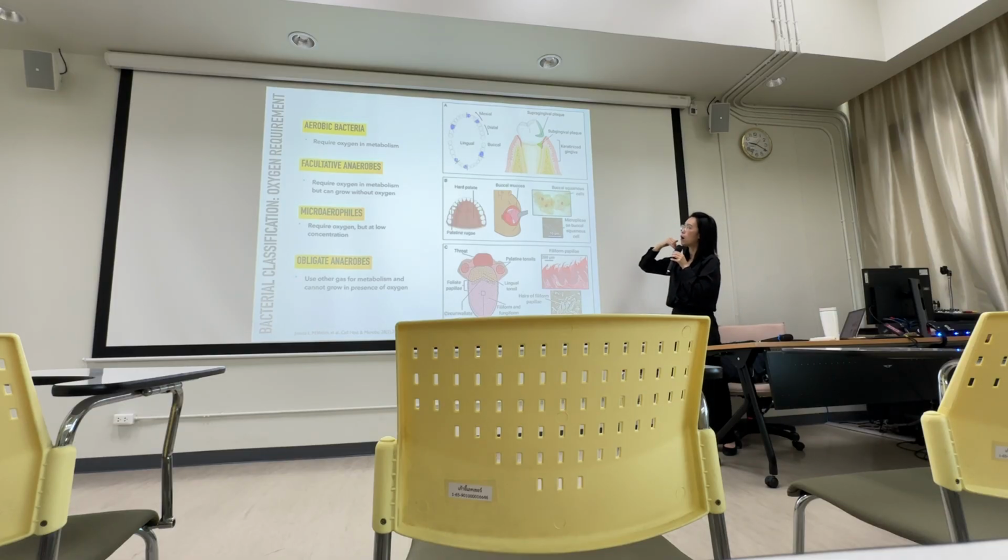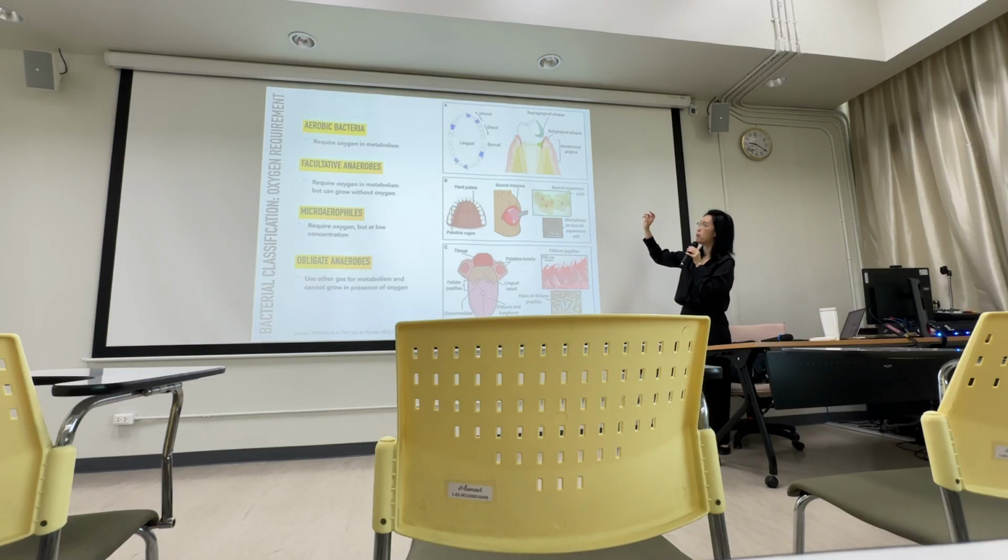But if you talk about the place under your gingiva, which we call subgingival plaque, that is a place that has less oxygen. Sometimes if you go quite deep into your gingiva, there is no oxygen anymore.